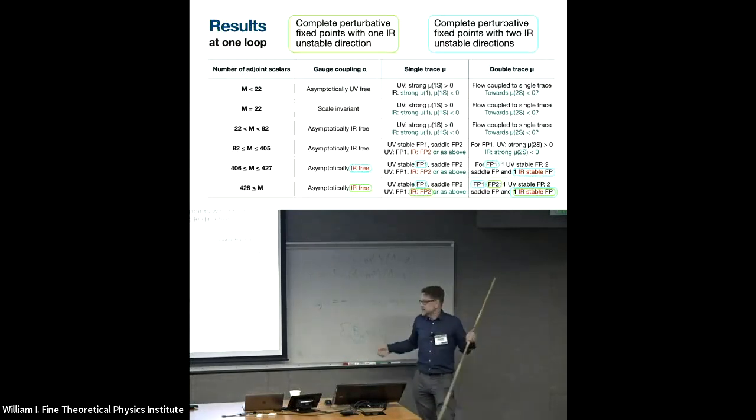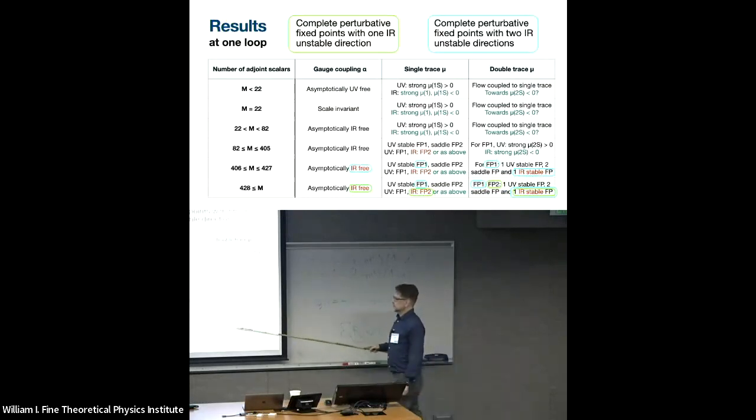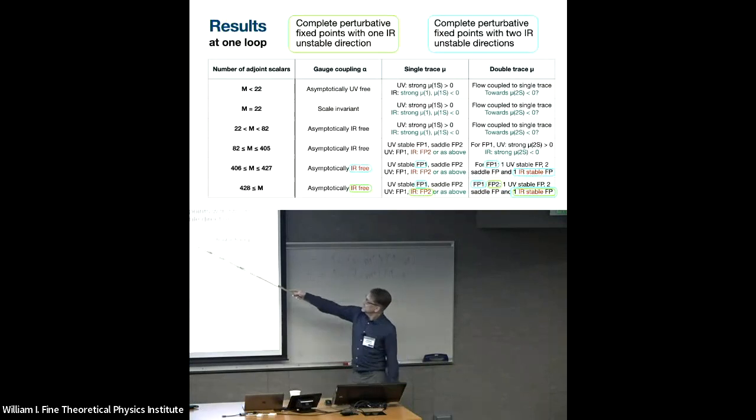So then I thought maybe it's interesting to look at what the possible structure is in the IR of these theories, and I listed cases where you have complete perturbative fixed points in the IR.